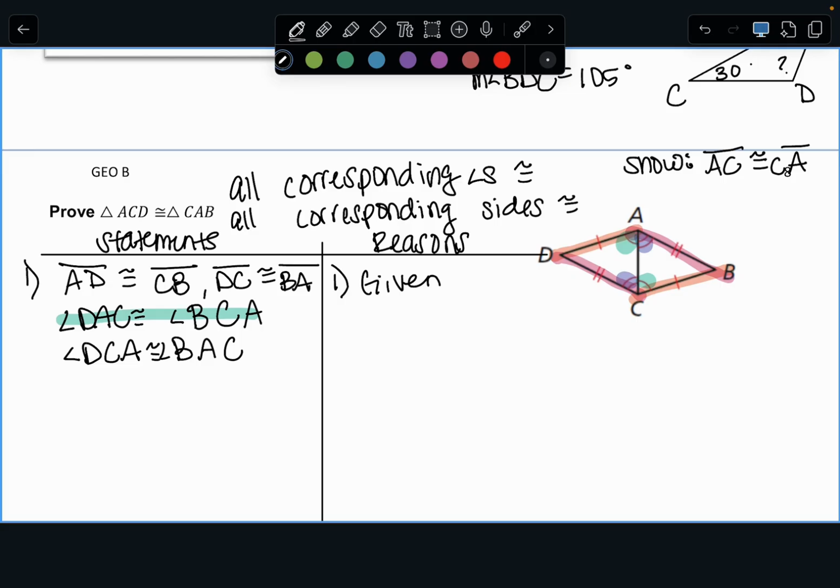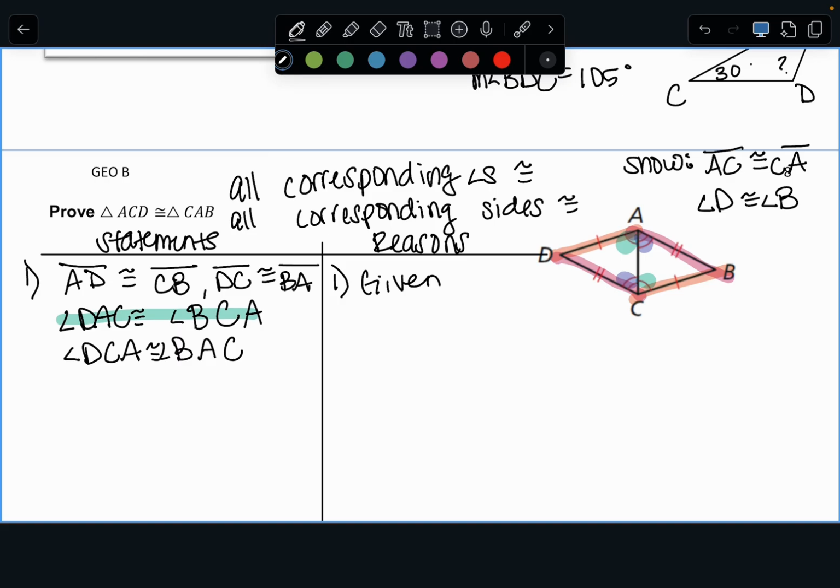That's everything I know. We're not done with the proof. All we wrote down was stuff that was given to us. We have to show this segment is congruent to this segment, and we have to show the angle that we're missing. We have to show angle D is congruent to angle B. Once we show these 2 things, we then have our 6 congruent statements that would tell us that the triangles are congruent.